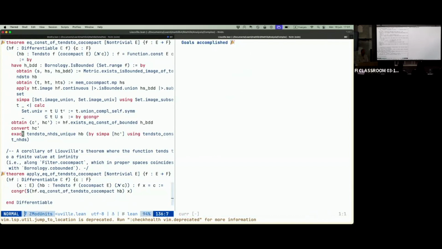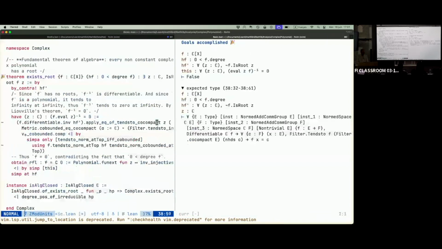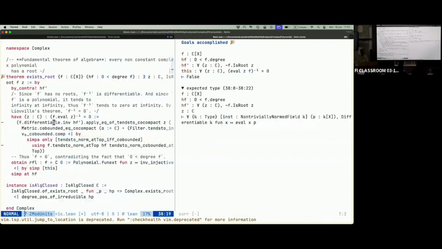Okay, so now if we go back to the statement, it means that we will apply the theorem. We will need to show that we apply the function to f minus 1. So we need to know that f minus 1 is differentiable. So because f is differentiable, there is a statement that says that f minus 1 is differentiable, and it's called differentiable.inv.